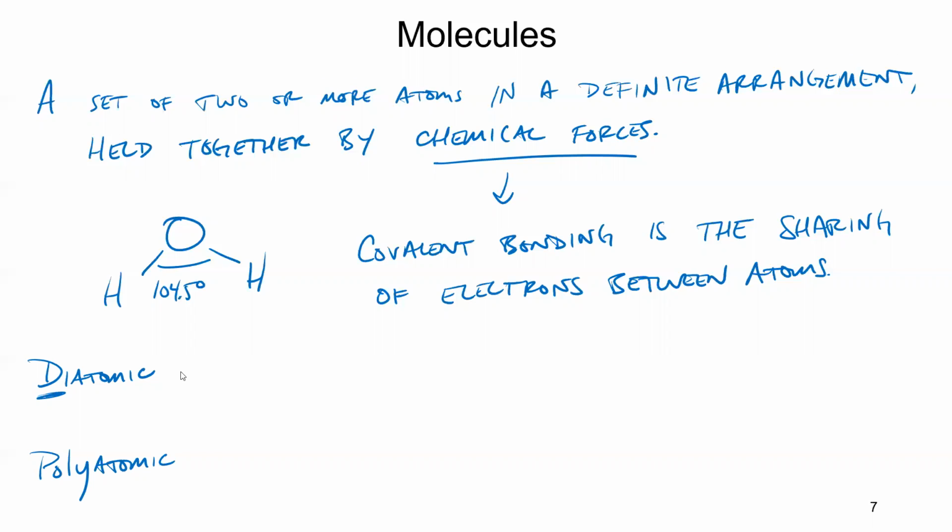Yep. And so these are only 2 atoms. And there's not a whole lot of diatomic molecules out there, but carbon monoxide, right? That's 1 carbon and 1 oxygen. That's an example of a diatomic molecule. Polyatomic, of course, is more than 2.